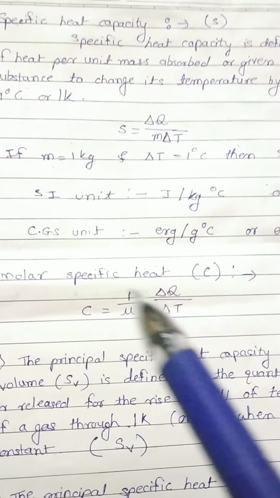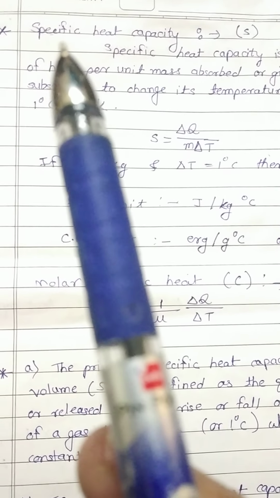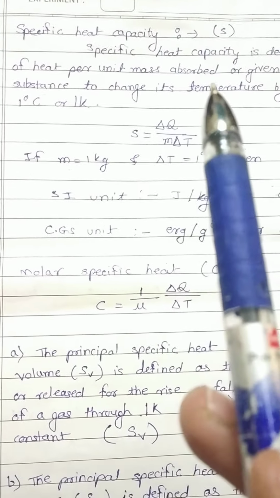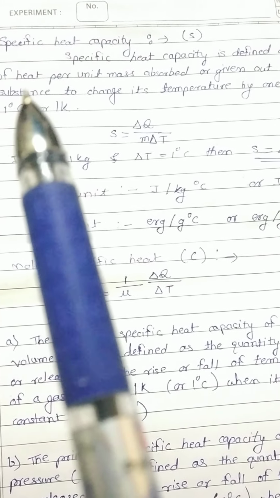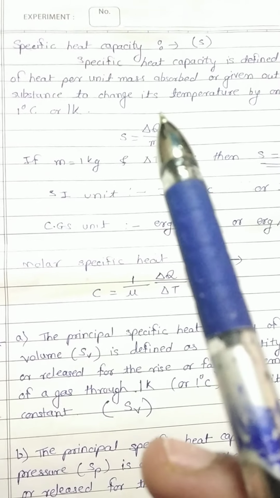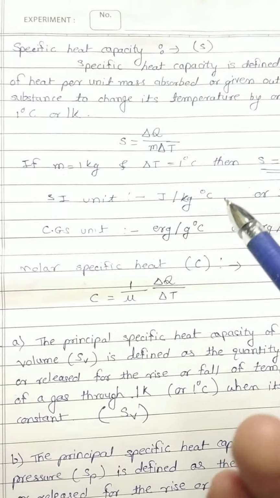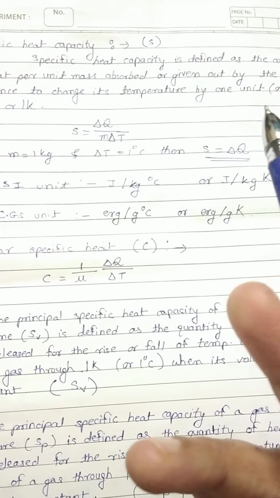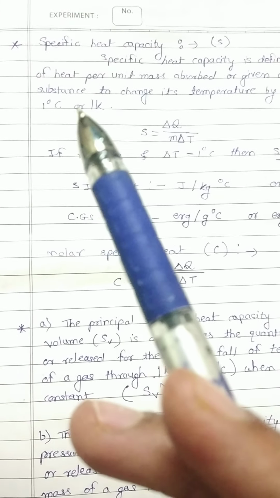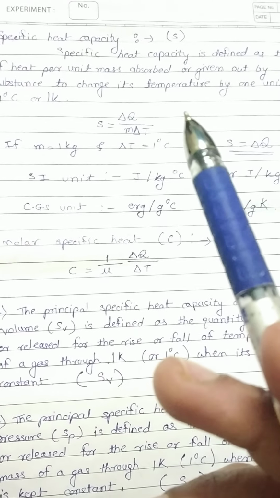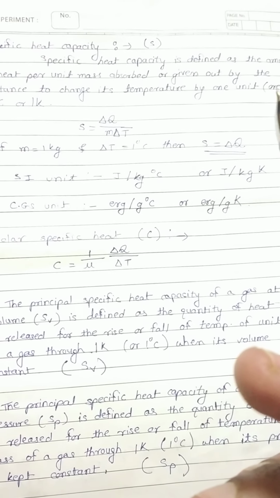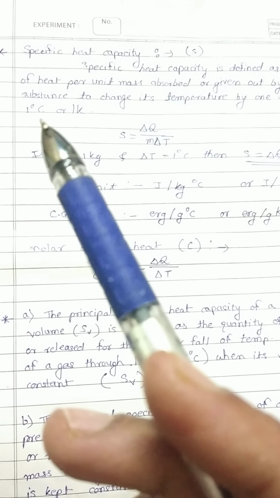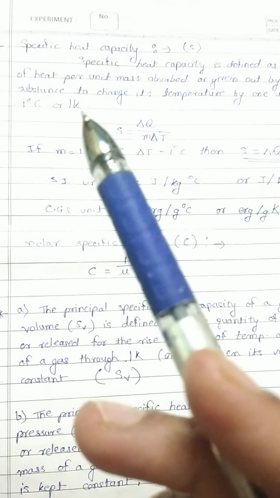So here we can write: specific heat capacity is defined as the amount of heat per unit mass absorbed or given out by the substance to change its temperature by 1 unit, that is, 1 degree Celsius or 1 Kelvin.